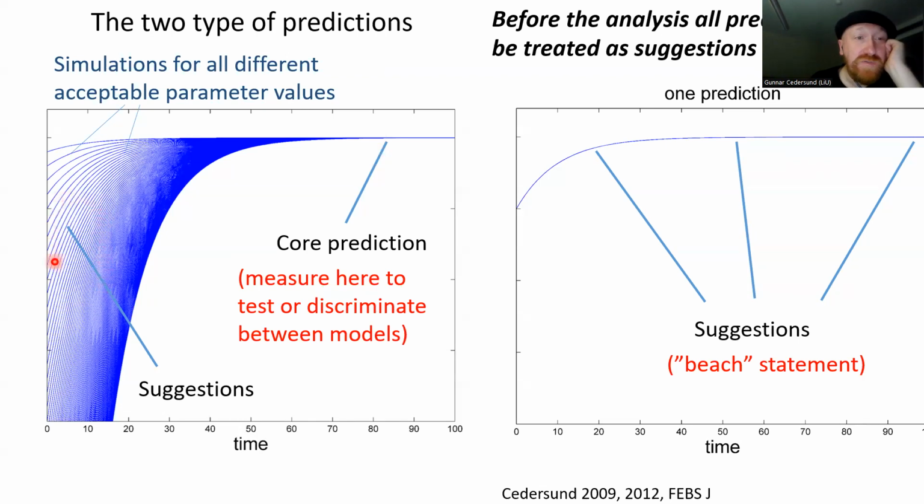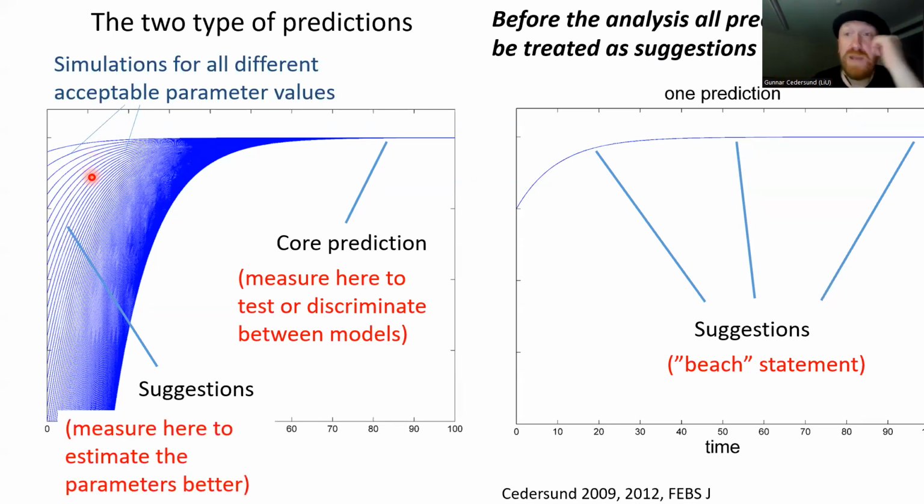In contrast, if you would measure over here, you can get basically any value from very, very low values all the way up to here, which is the maximum value. And the model would agree with that, or there would be some parameter that agrees. So if you look at the prediction with uncertainty, the uncertainty is so big that you will not be able to reject the model or test the model.